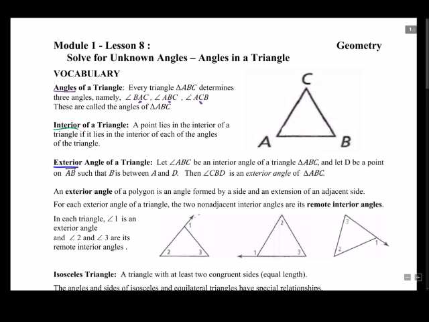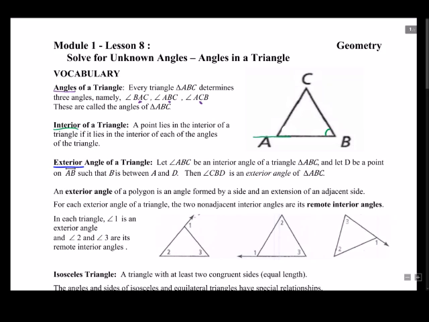The exterior angle of a triangle, now this might be a new one for you. It says let angle ABC be an interior angle of triangle ABC. So we are looking at angle ABC right here. And it says let D be a point on line AB.